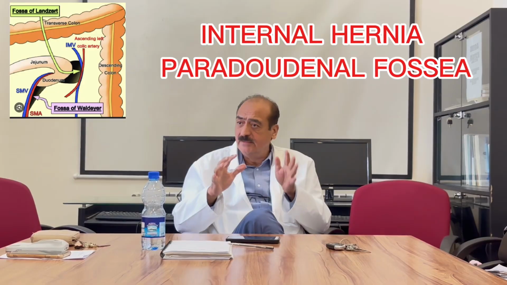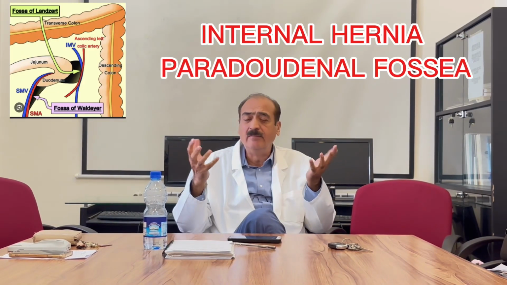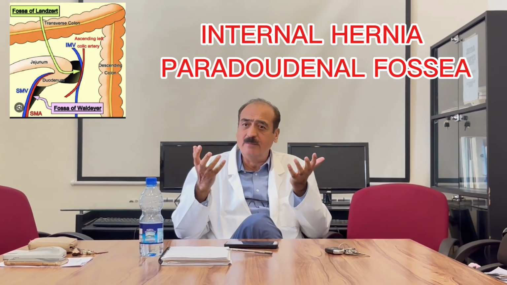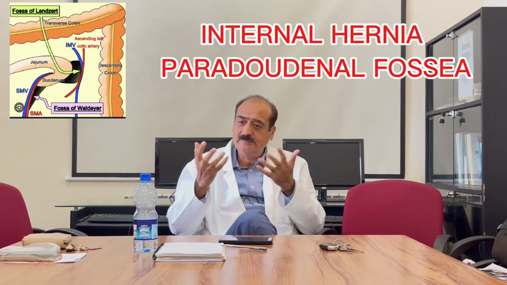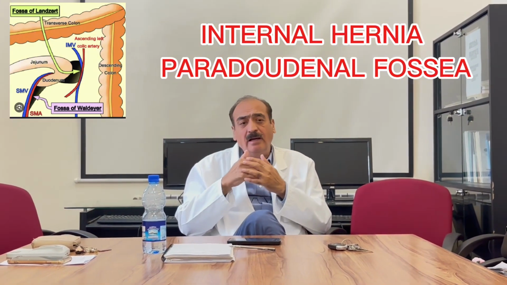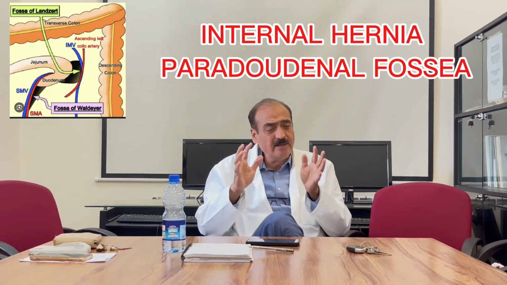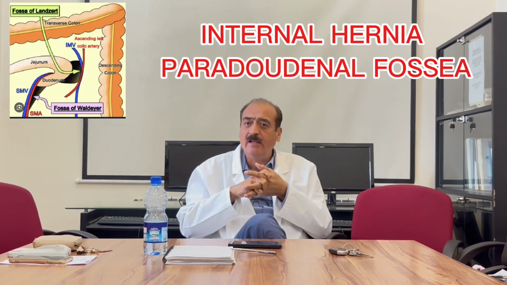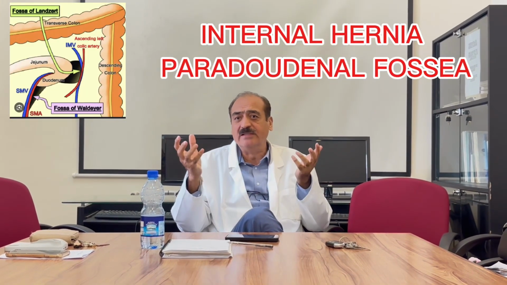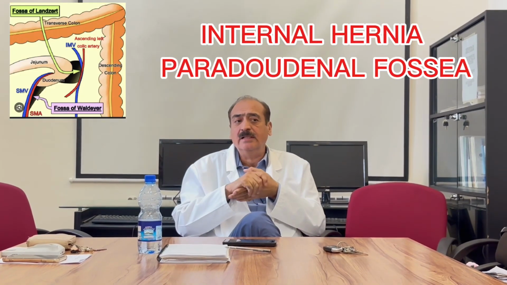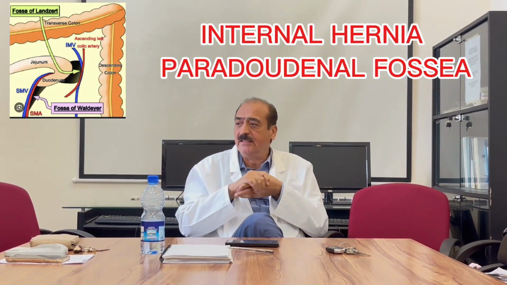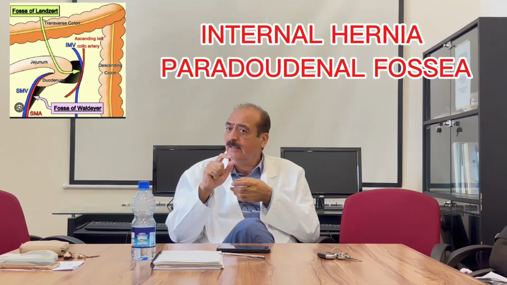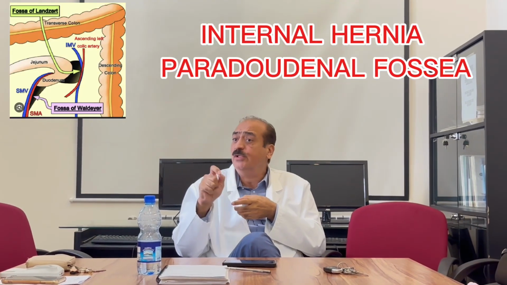If the color returns, becomes reddish and pink, looks shining, pulses return, and you might see the peristaltic activity, that is an indication that now you can leave the gut as such. There is no need to resect it.